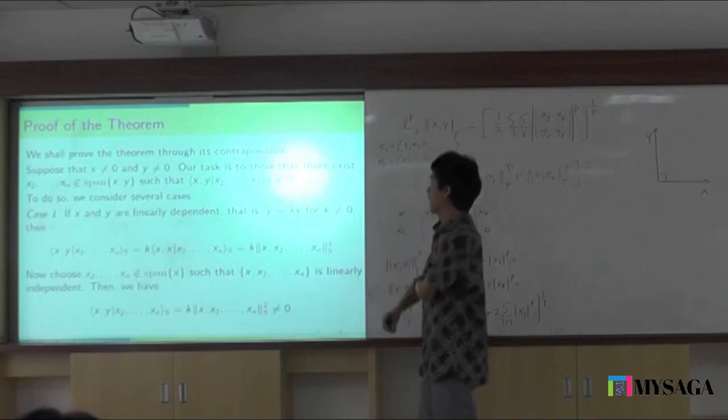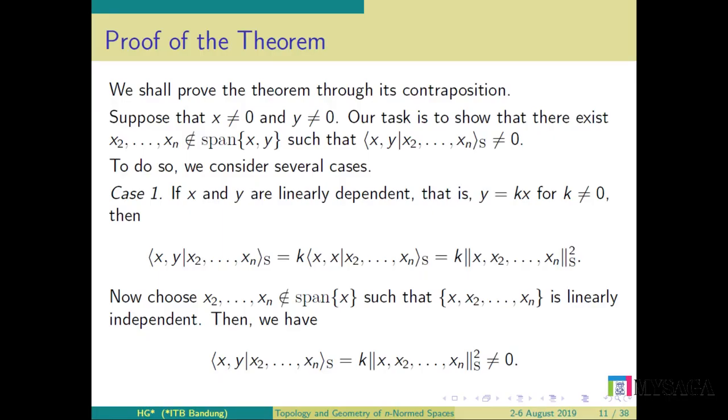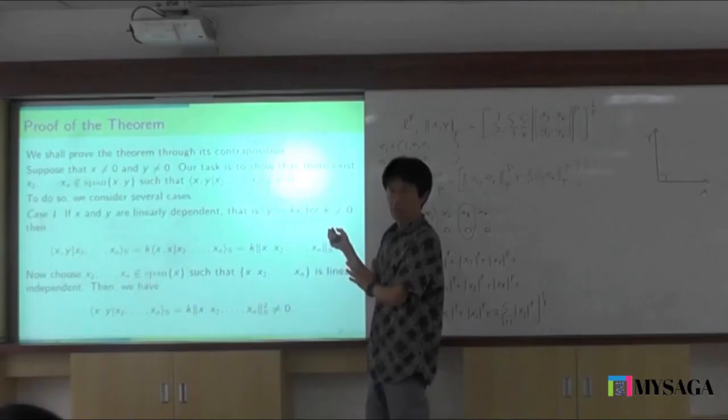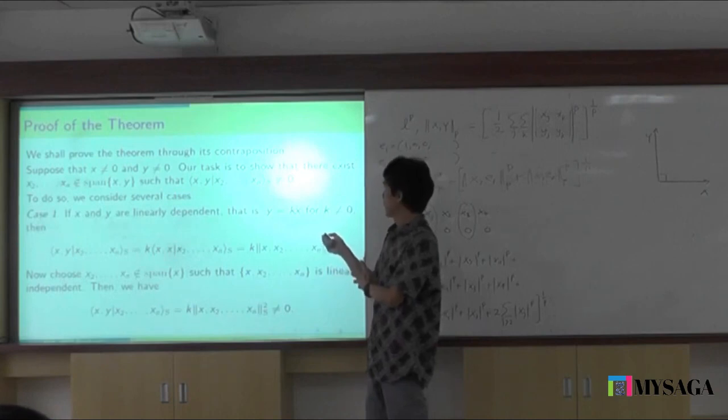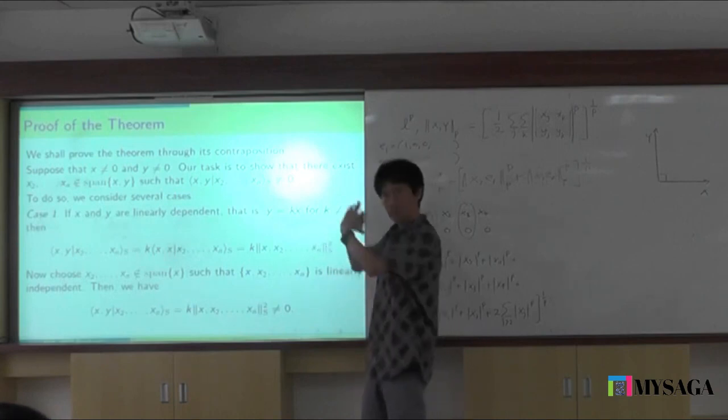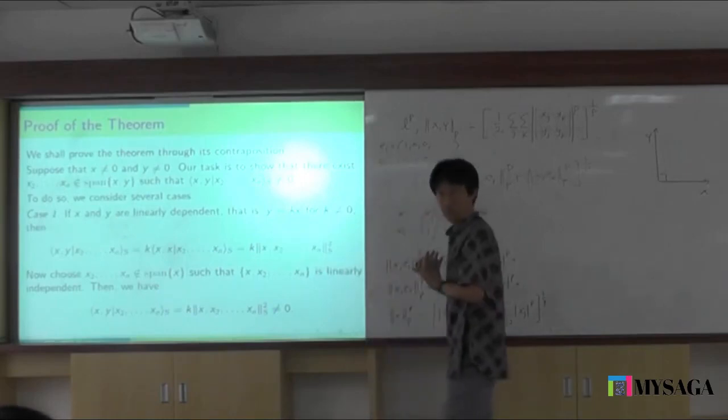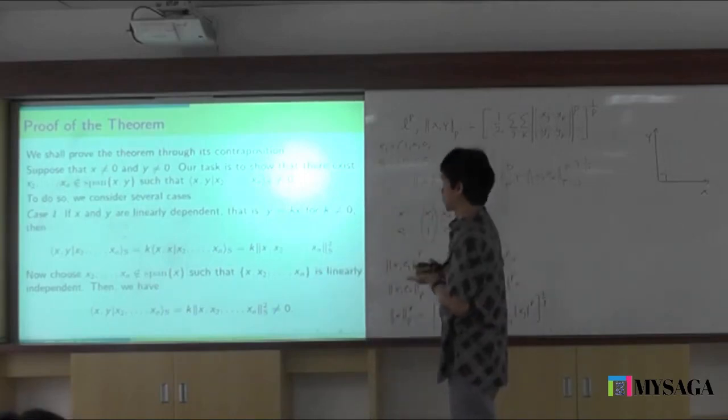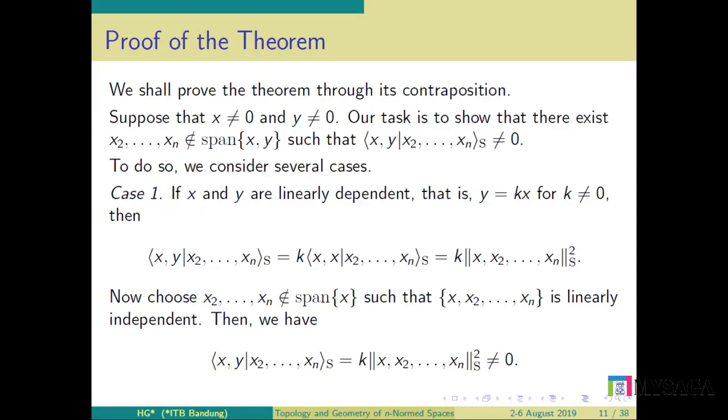So suppose x and y are not 0 vectors. So our task is to show that there exist x2 up to xn not in the span of x and y such that this is not 0. If we can do that, then the contraposition holds, right? So to do so, we consider several cases.